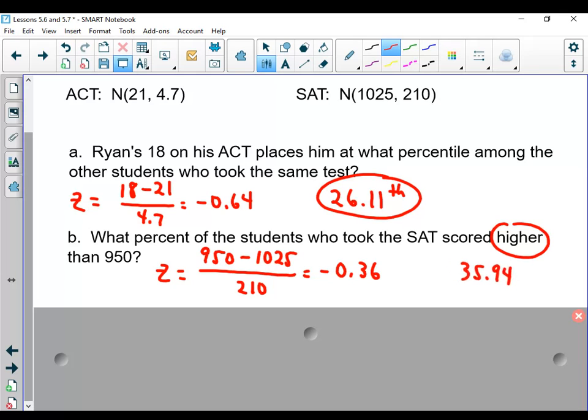So we're going to take this amount, we're going to take it away from 100. So I'm going to be looking at roughly 64.06%. So if they say higher, greater than, above, something like that, we got to take that extra step, take it away from 100.